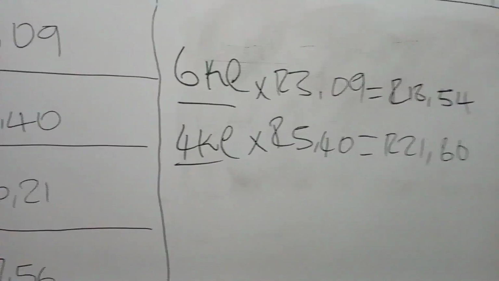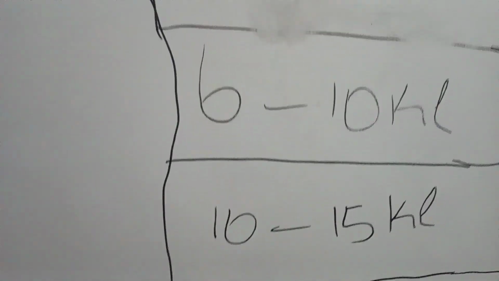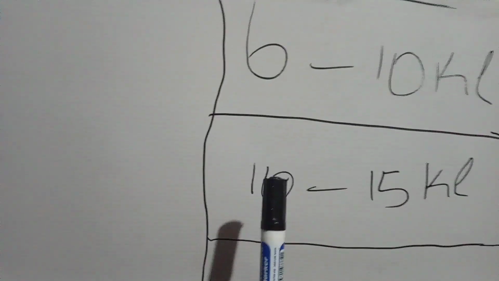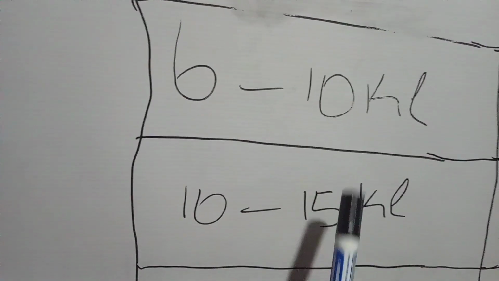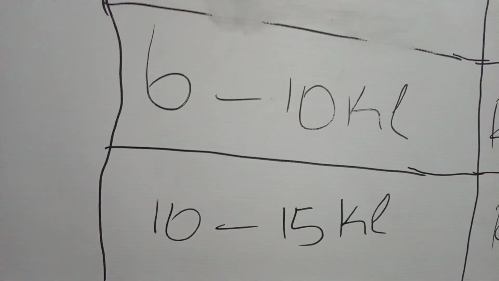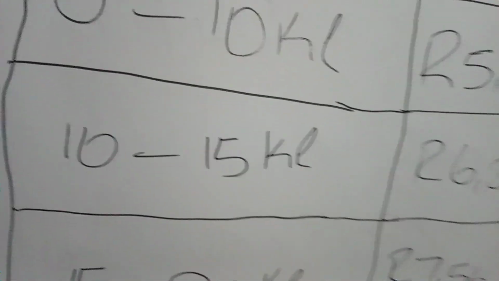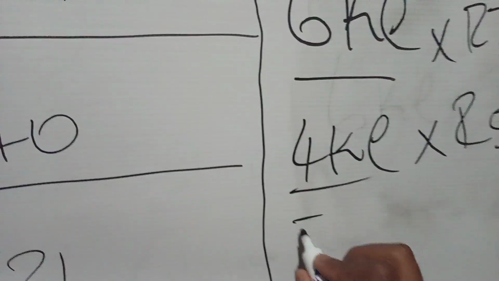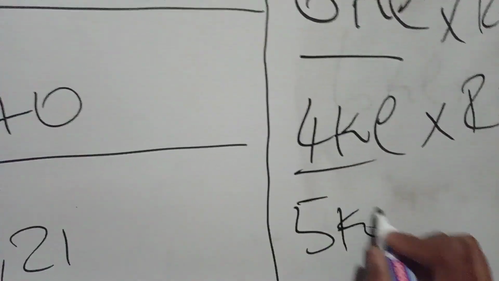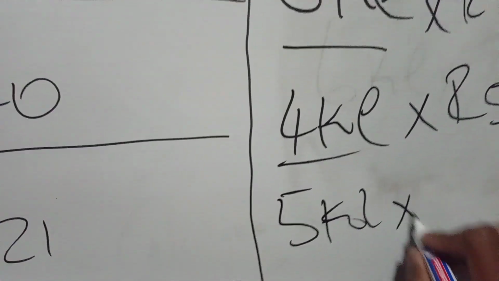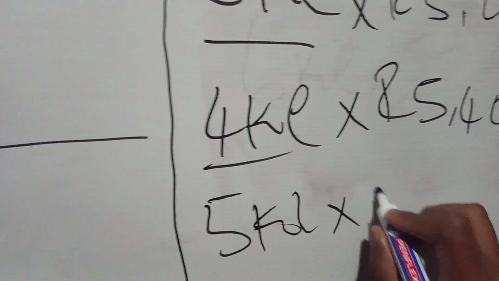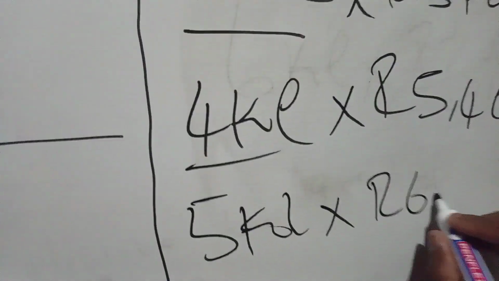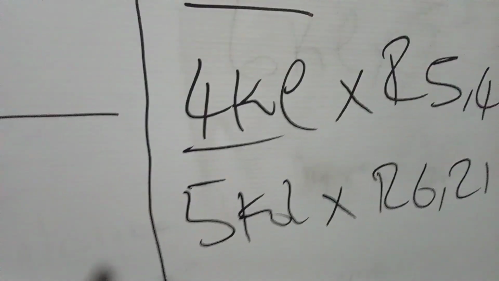So for block 3, it says from 10 to 15. We know that from 10 to 15 takes 5. So here we're going to write 5 kiloliters times the cost price on block 3, which is 6 rand and 21 cents.